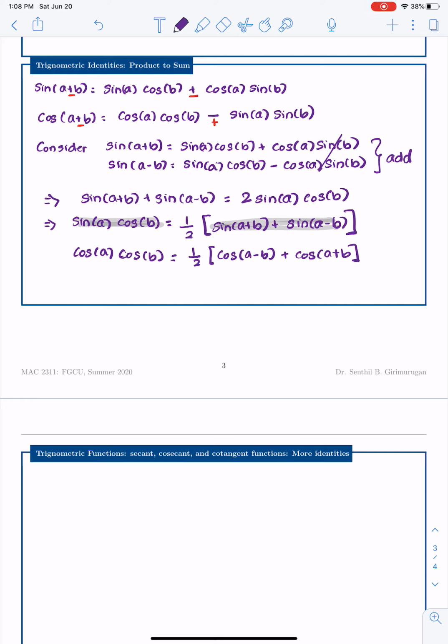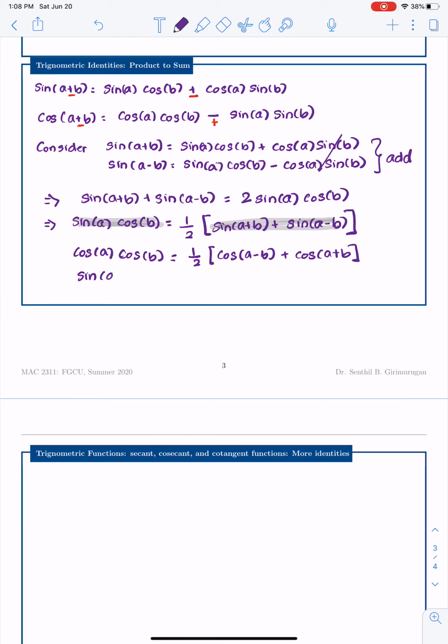By all means, this is what we need to know. We could derive the other identities using these two, but I'd go ahead and write the others also.